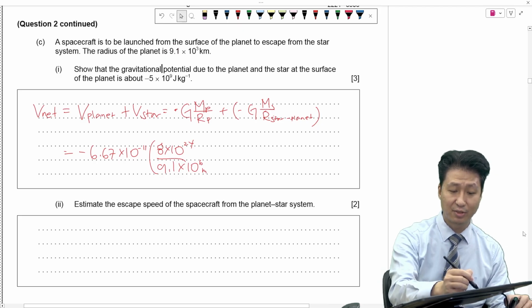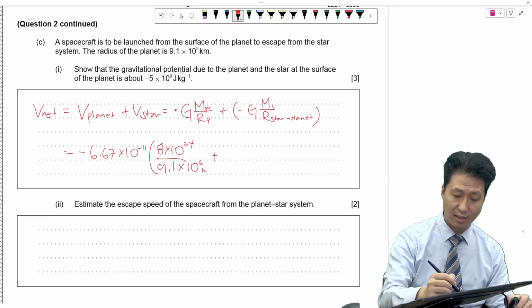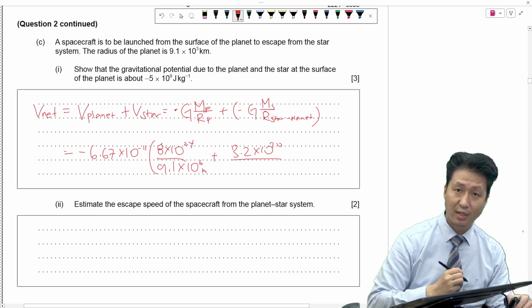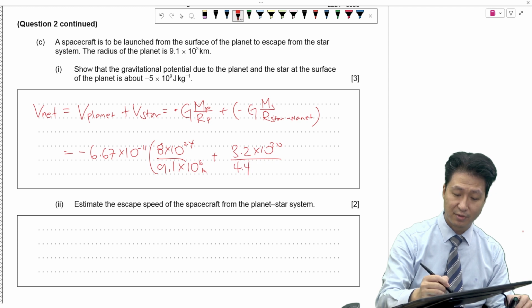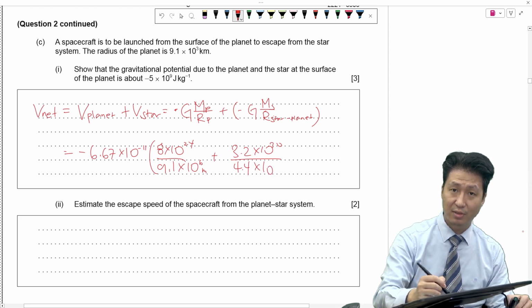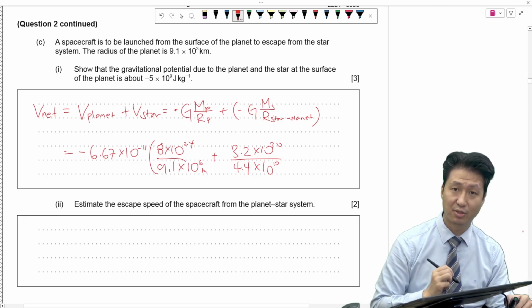Because this is kilometers, you multiply by 1,000, plus 3.2 times 10 to the 30th divided by 4.4 times 10 to the power of 10 meters, the distance to the planet.